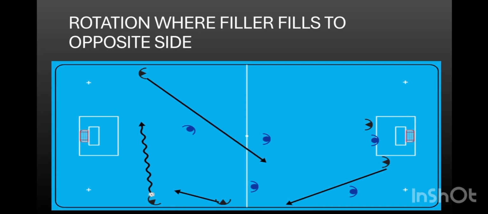So even though the left-hand side pocket was the one that was emptied, now the filler from depth comes to the right-hand side pocket, which means that all the other players lower on the pitch can then use the space that has been emptied by that first movement. So this is way more complex, but works well if you train it to work well.